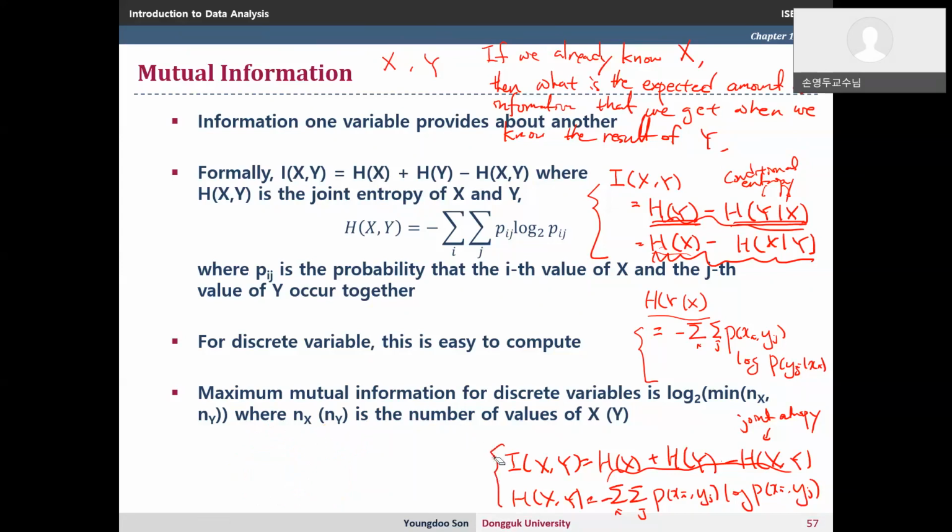I think this is not an appropriate example. However, we can calculate the mutual information in this way.